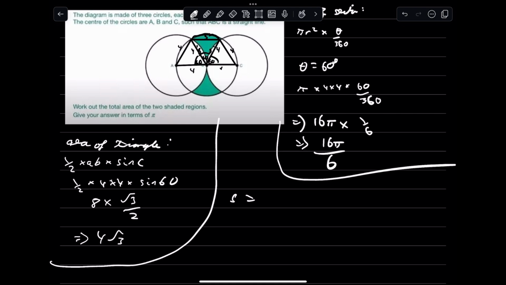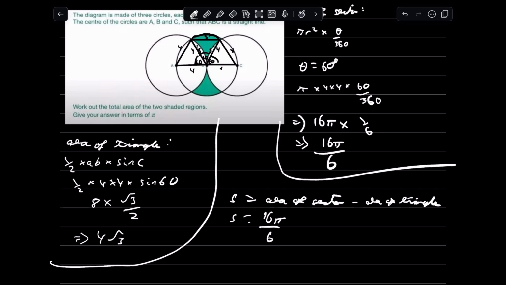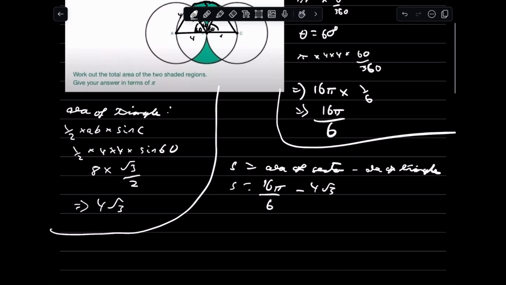So S is equal to area of sector minus area of triangle. So we can sub our values in. We've got 16 pi over 6 minus 4 root 3, which can also be written as 16 pi minus 24 root 3 over 6.